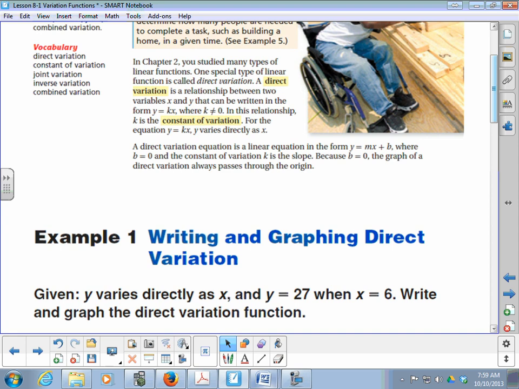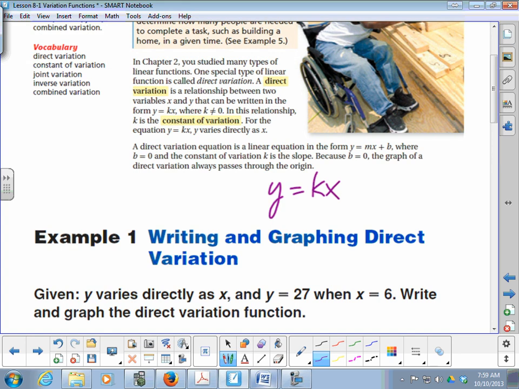0 for direct variation. And so we have this function for direct variation, y equals kx, where k is called the constant of variation. That's the thing that doesn't change. But what's another name we could give k?